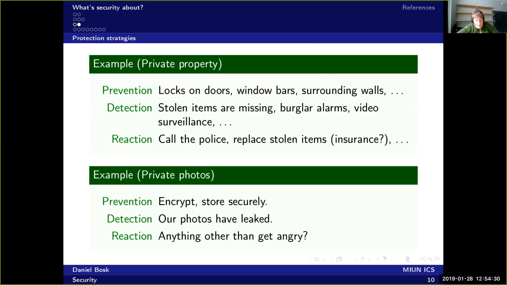So we see our photos on the web and then we realize, oops, someone has leaked our photos. And the reaction in this case, I suppose, is get angry. There's not that much to do if your photos leak to the web. There are some legal actions you can possibly take, but probably you cannot get rid of this.